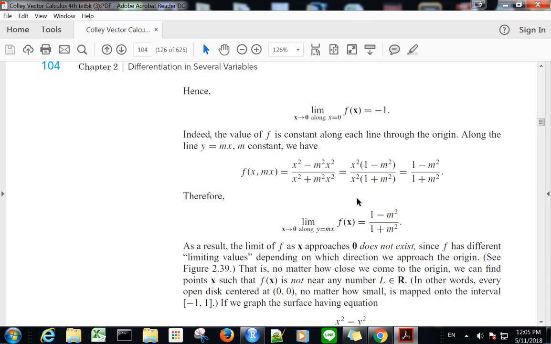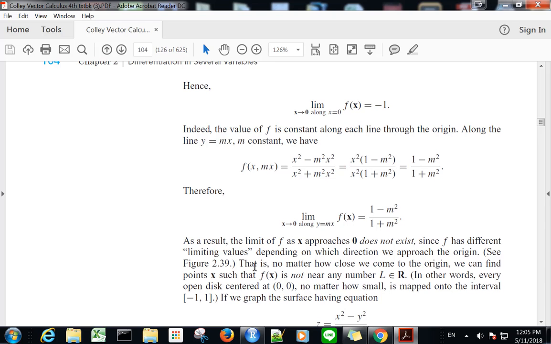Can't change that. Okay. So depending on the direction we approach, no matter how close we come to the origin, we can find points x such that f of x is not near any single number L. Because you have to consider points from all directions, you're going to get all kinds of different values for f.